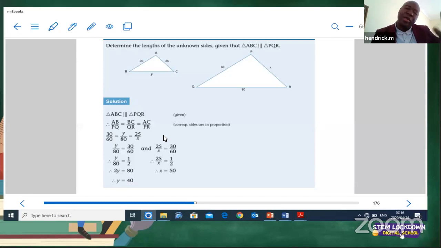So you work with all the sides. So the first side must be in proportion with the second. So the corresponding sides are in proportion.